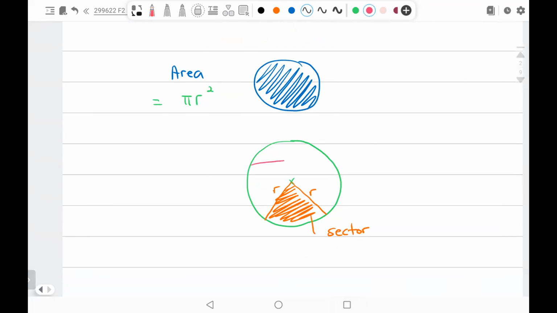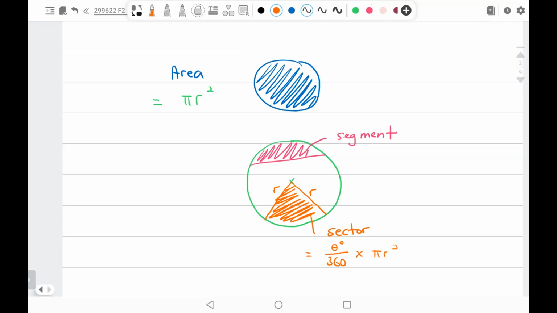If we have a chord line here, the region covered by the chord we call a segment. So that's the difference: a sector is covered by two radii, and a segment is covered by the chord. To find the sector area, it is degree over 360 degrees times pi r squared.